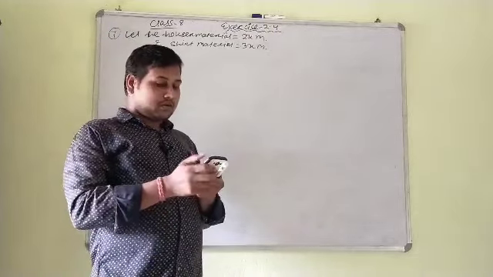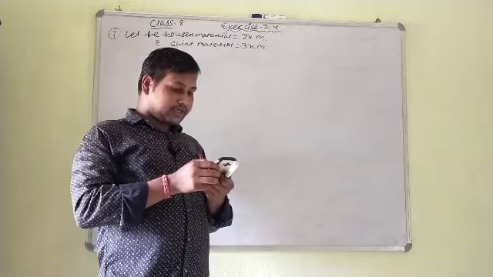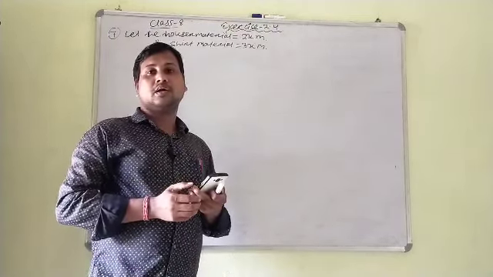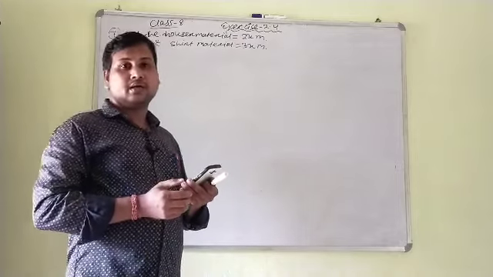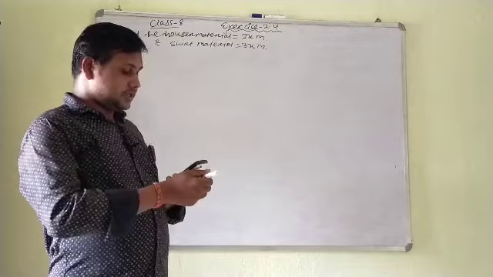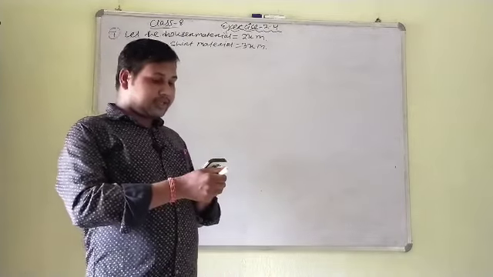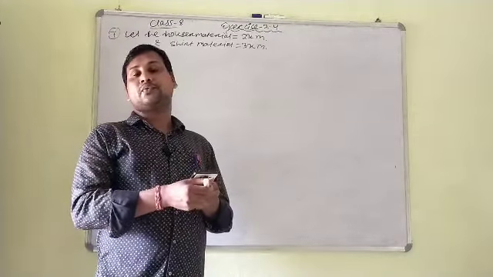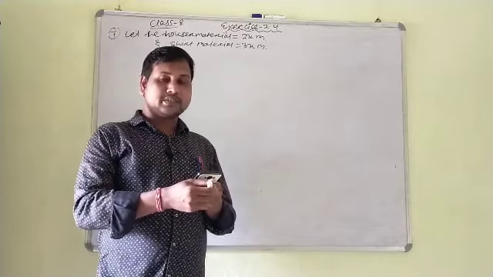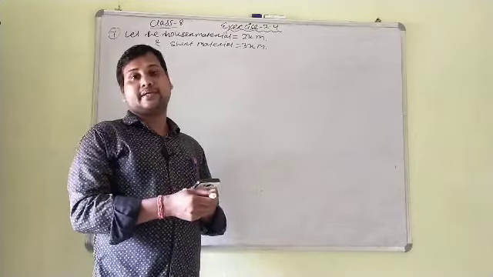cost price of the trouser material is 90 per meter and shirt material per meter is 50 rupees, and he gains profit of 12% on trouser material and 10% profit on shirt material.